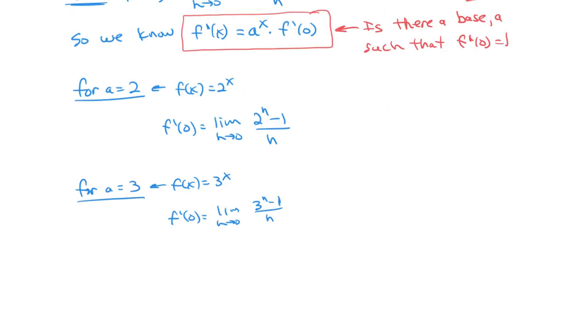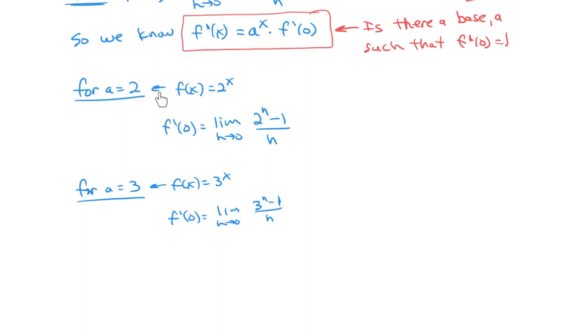So as we search for this base, I'm not going to just blindly search, I'm going to use what people who have come before us have found. So if you look around 2 or 3, let's say f of x is 2 to the x. And I'm looking for this. I want to see, is there a base a such that the derivative at 0 is 1?